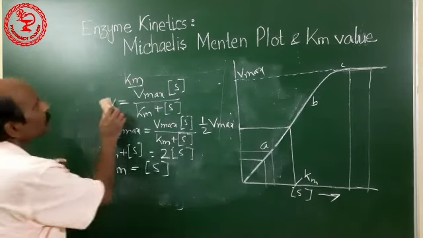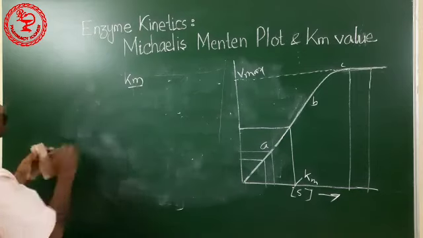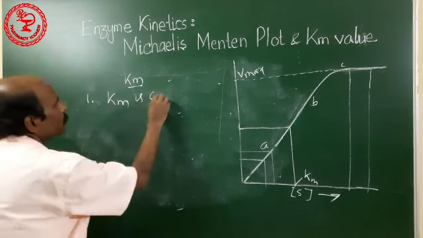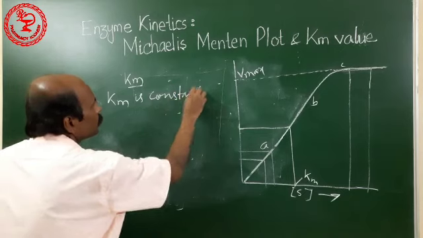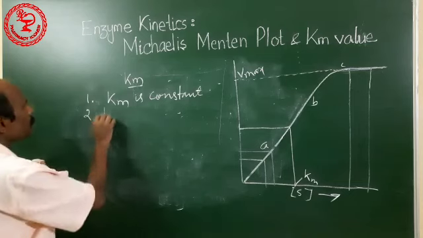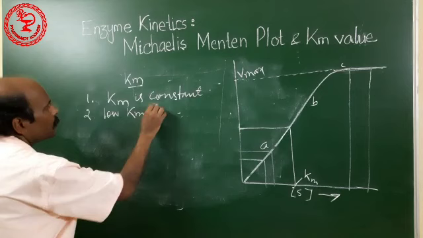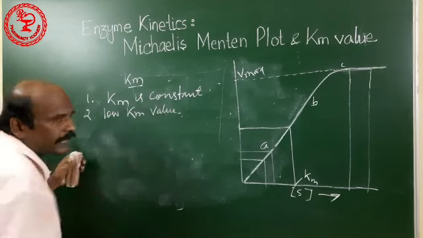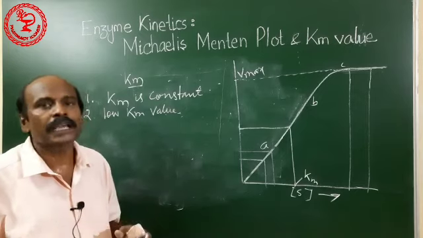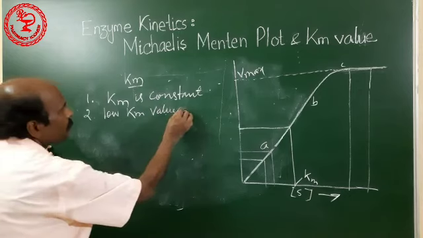Next, properties of the Km. Number 1, Km is a constant. Number 2, a low Km value indicates a high affinity between enzyme and substrate.